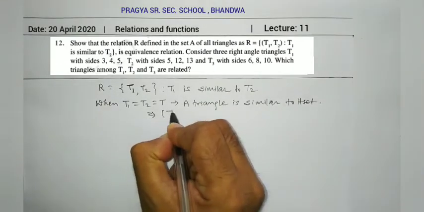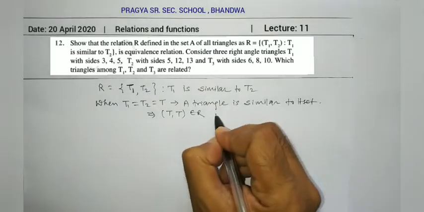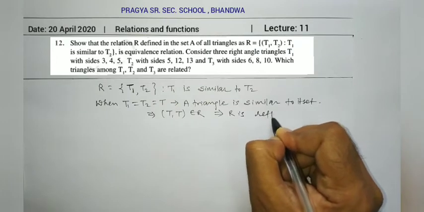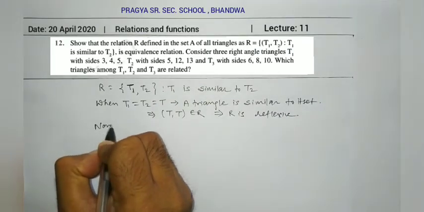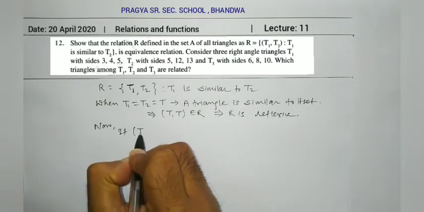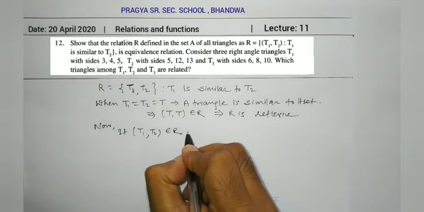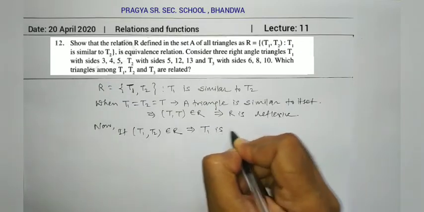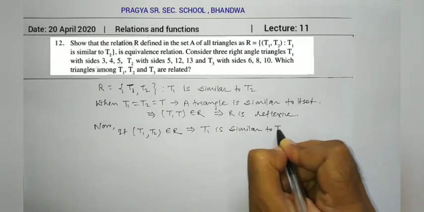So T comma T belongs to relation. This implies R is reflexive. Now you can see, if T1 comma T2 belongs to R, it implies T1 is similar to T2.